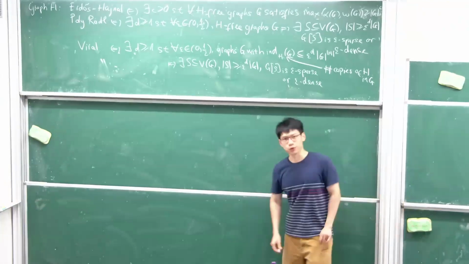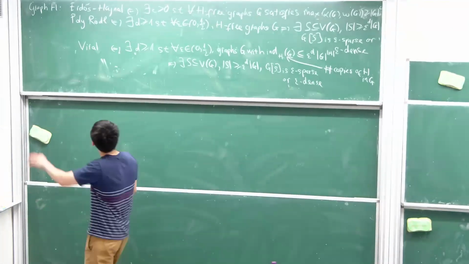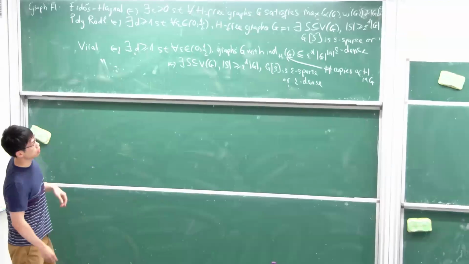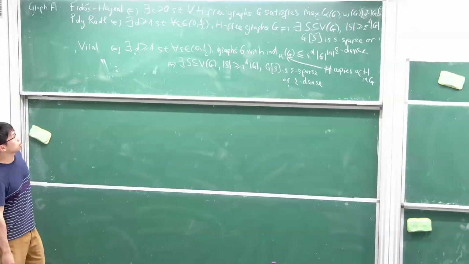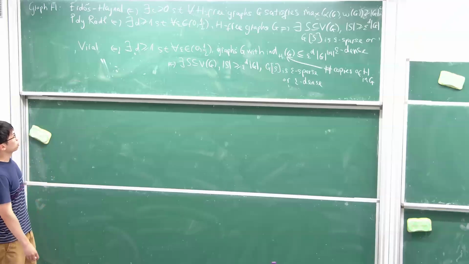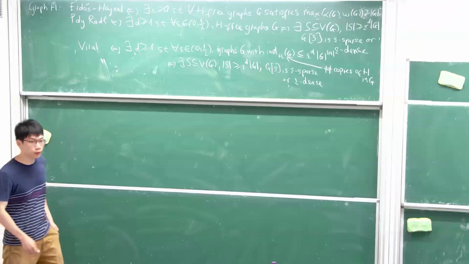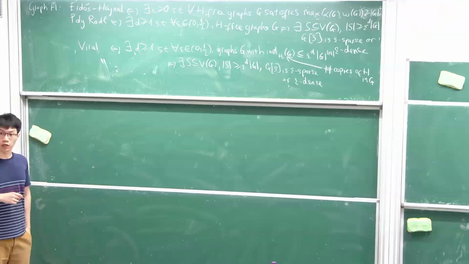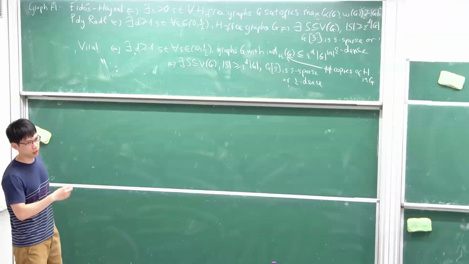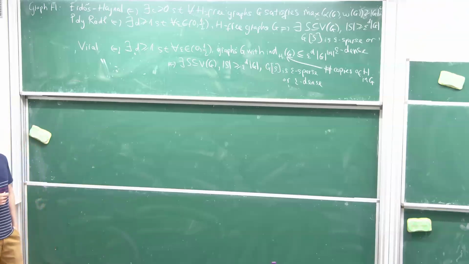So I have written down the three properties that we discussed at the end of the talk yesterday, the three properties for a graph H: the Erdős-Hajnal property, the polynomial Rödl property, and the Rödl property. Just to make sure that we're all on the same page.